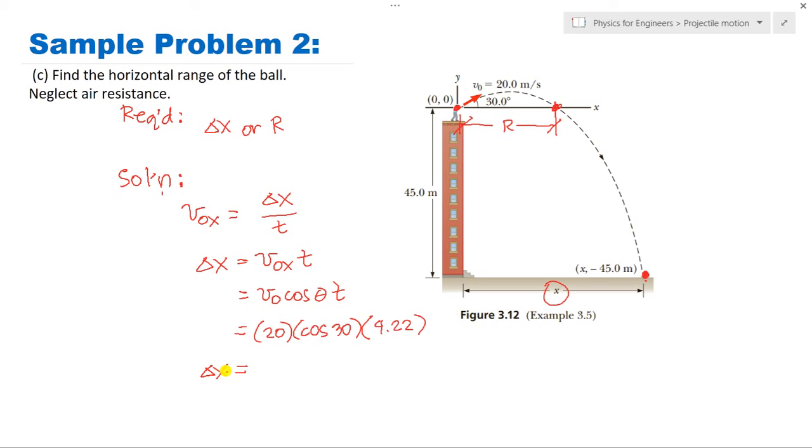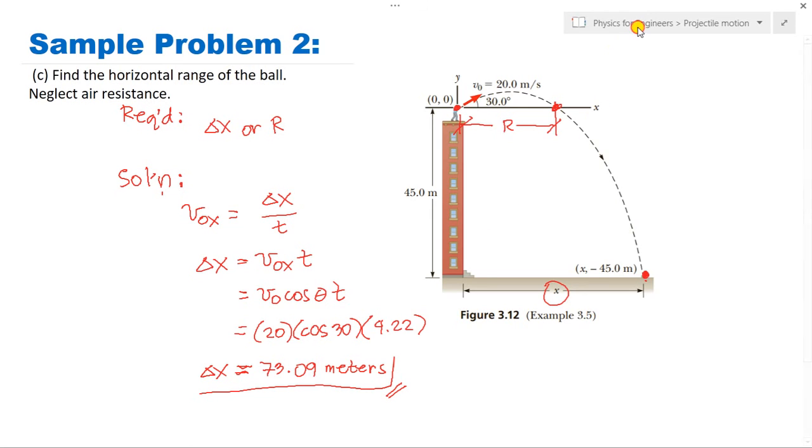That would be equal to 73.09. So delta x is approximately equal to 73.09 meters. So class, nakuha class? I think nakuha na ninyo, no?